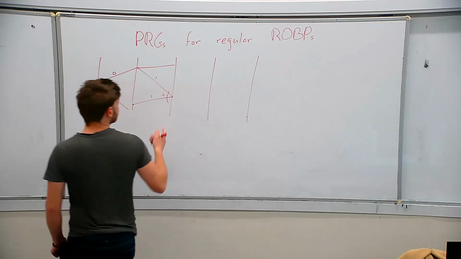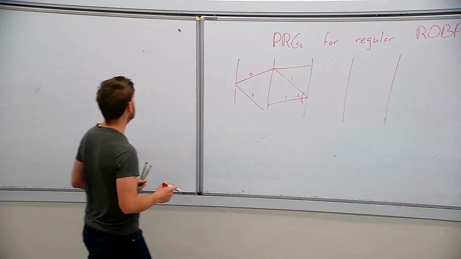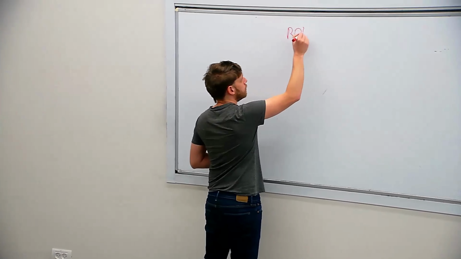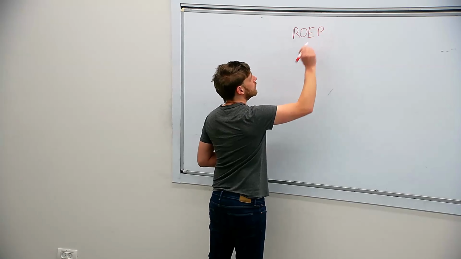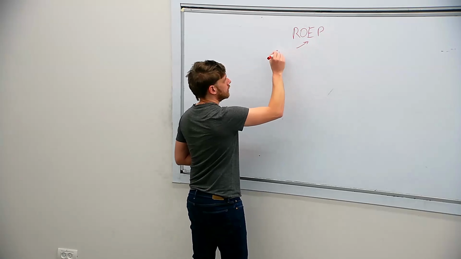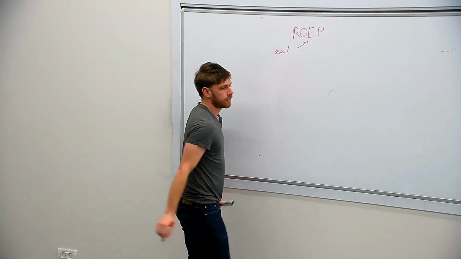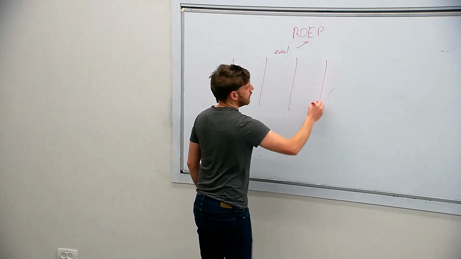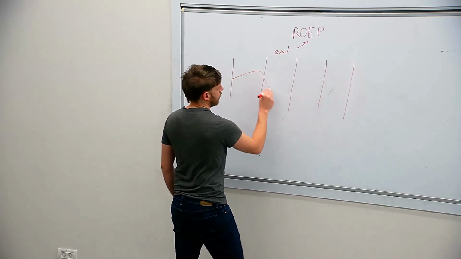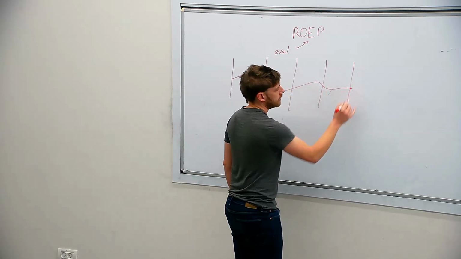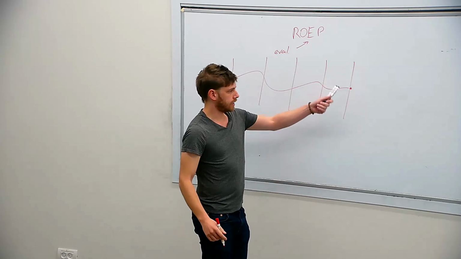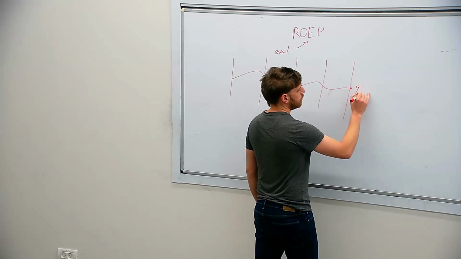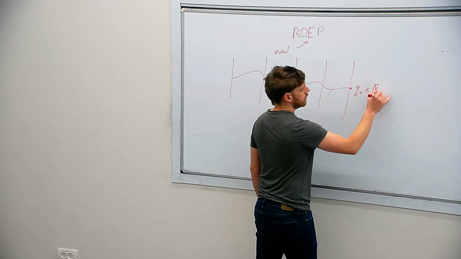And in order to analyze these objects, we'll define another model called ROEP, where E stands for evaluation. Everything works the same, just in the end, instead of accept states and reject states, each vertex has a value Q_v.